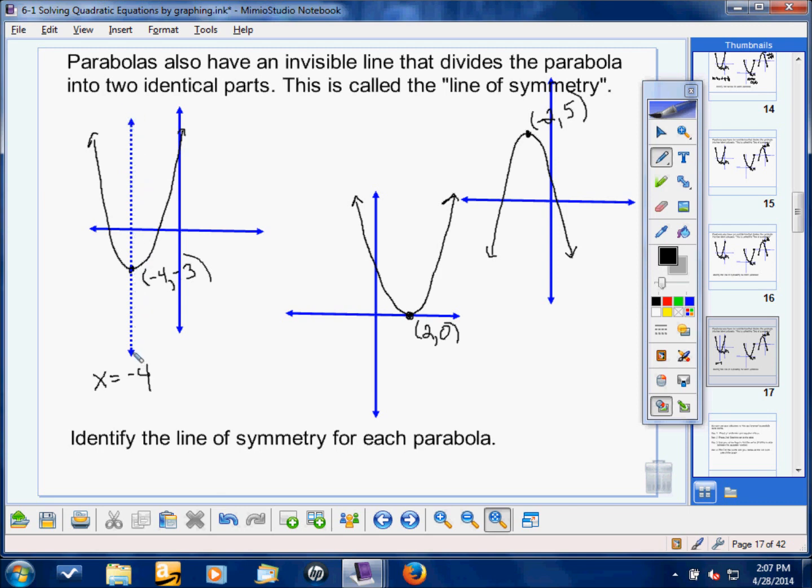That's the line of symmetry. The y coordinate's -3, but all of the x's along here are -4. So your line of symmetry will always be in an x equals form, and it will be the x coordinate of your vertex.